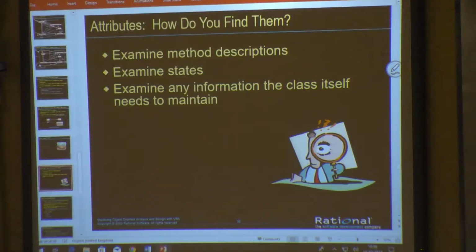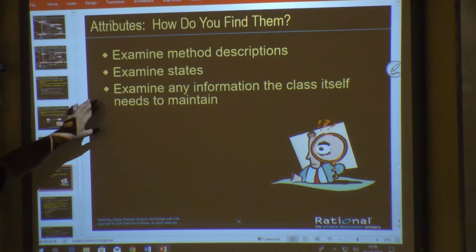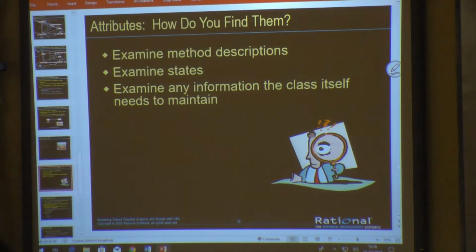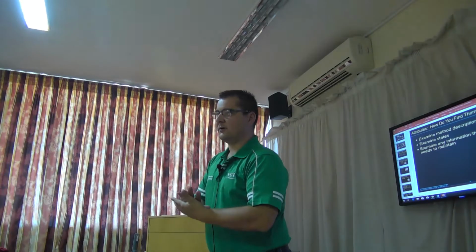What do I possibly have which we need to capture for a short time? We need to also look at the states. Is there a state change in terms of the balance? Not really. Okay, so we might need to consider it, and then we might need to consider additional information the class itself needs to maintain. Where can we get that information from?